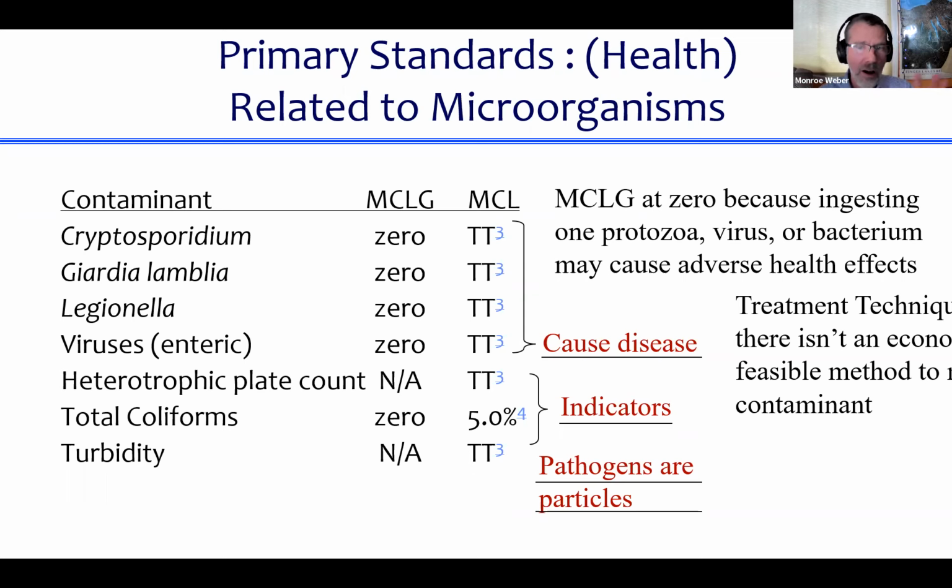So you have to remove all the particles. And then if you're removing all the particles, then having a really low turbidity means that there's a really low concentration of particles left, which means that you've knocked the pathogen level way down.